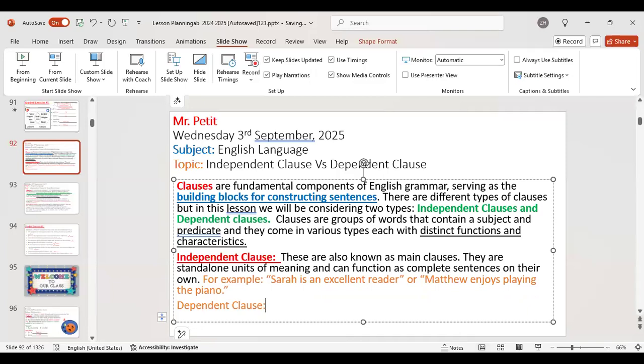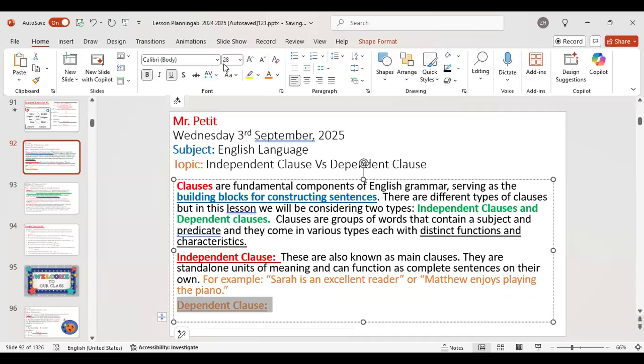So dependent clause, let's go ahead and highlight this. Dependent clauses are also known as subordinate clauses, right?